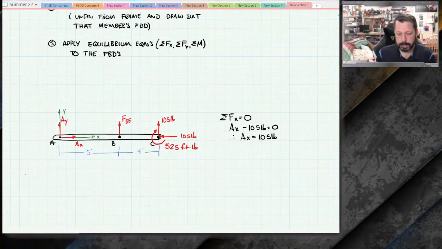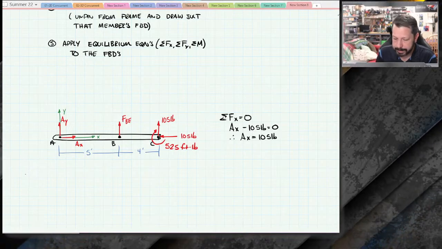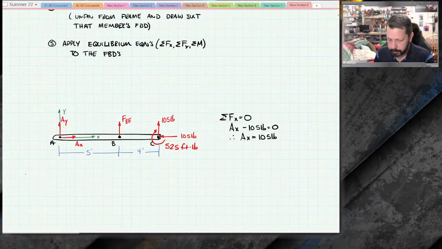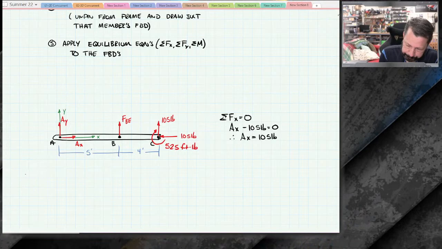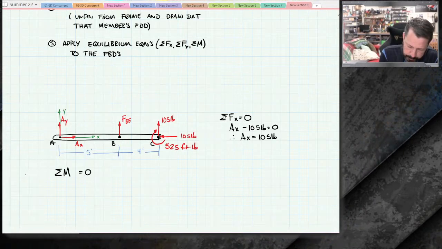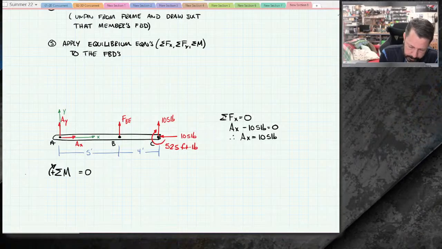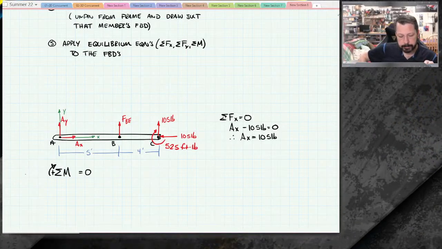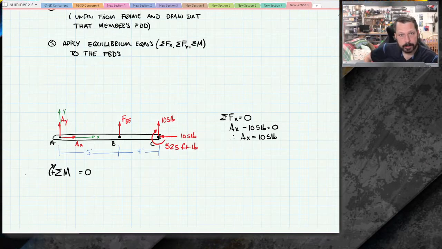If I write the moment equation in the right place, I can solve for one of those. So let's write summation of moments equals 0. We'll do clockwise positive. And we need to pick a location that will eliminate one of the unknowns.